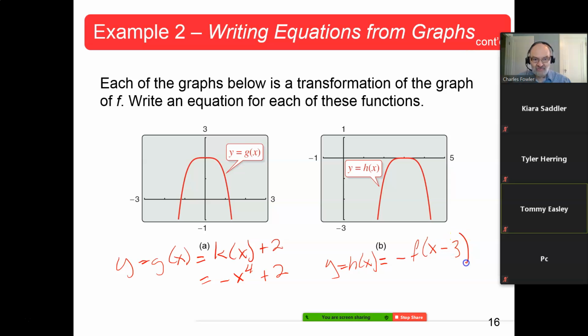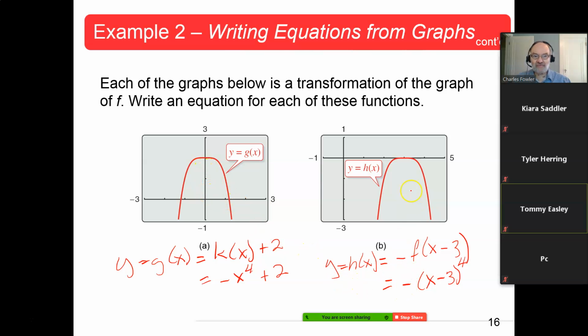You're not subtracting from the function. You're subtracting from the x, but that moves it to the right 3. So that would mean you're minus x minus 3 to the fourth power. Do you see how that works? This one, after you reflect, a vertical translation, up 2.